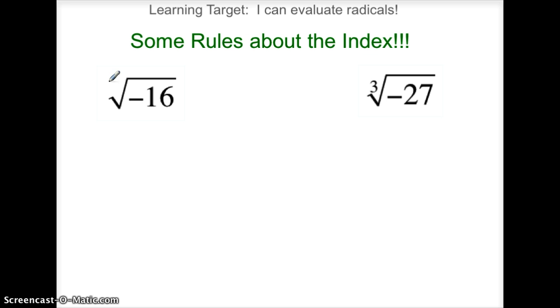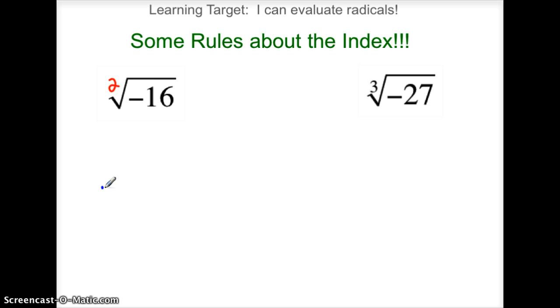Like we said earlier, when there's no index, it's 2. Now, what about when you have a negative number under your radical symbol, in particular this square root house? Here's the rule with negative numbers under the house.